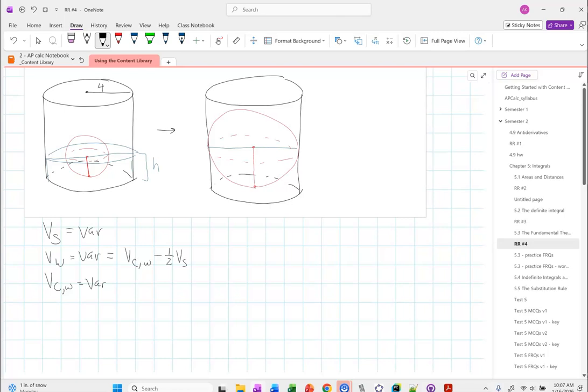We're just pretending it's the same height of water, but the sphere is not there, because that's how we're going to calculate the volume of the water. Because coming up with a volume formula for a cylinder with a hemisphere cut out from it, I don't know what to do with that. But if it was a plain cylinder and then I subtract the hemisphere out of that, I can do that. Does that make sense? Yeah, I get it now.